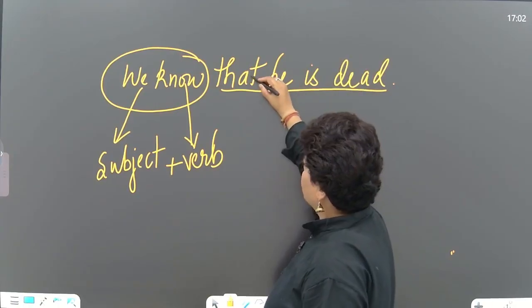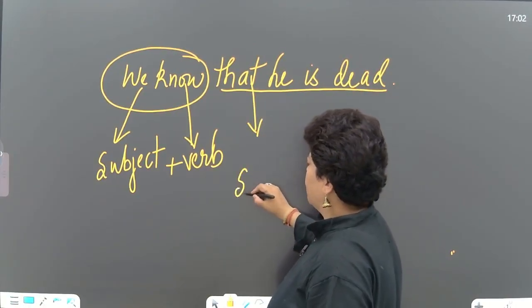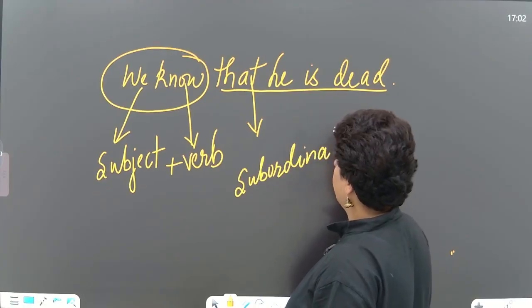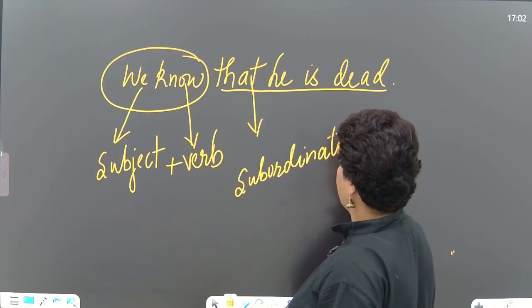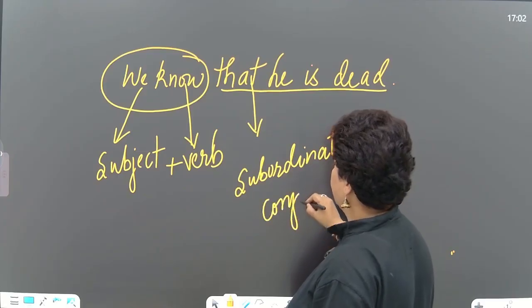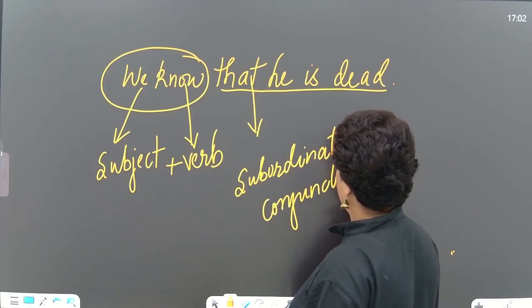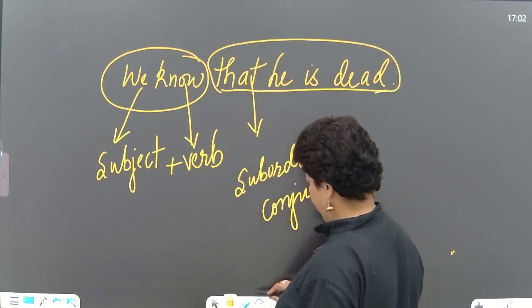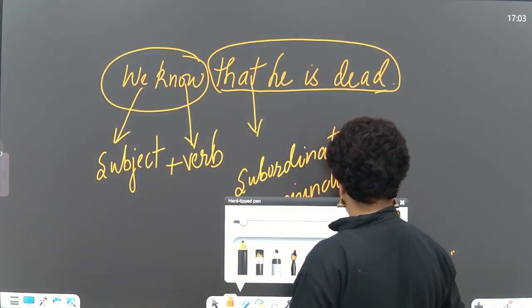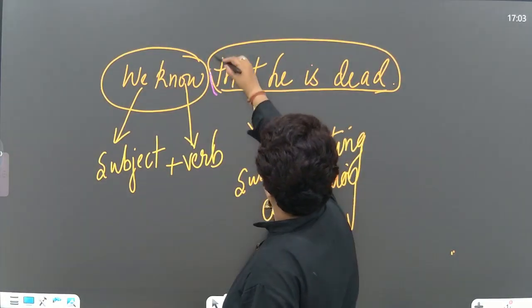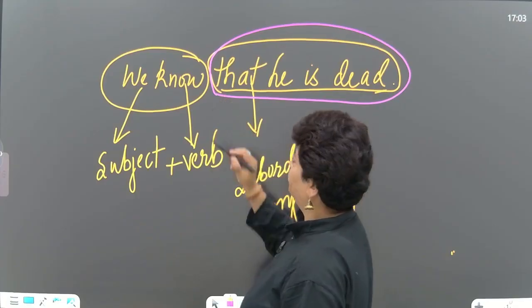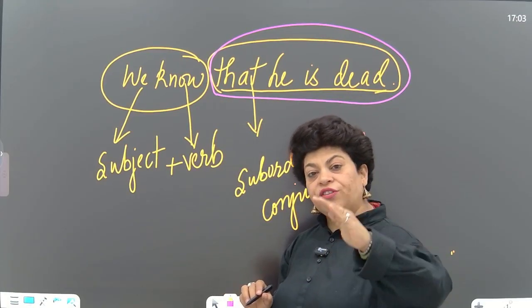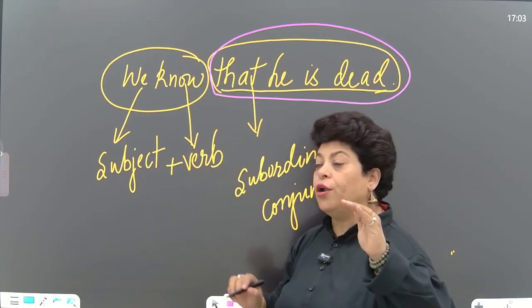Now coming to the other part, "that he is dead." What is "that"? That is a subordinating conjunction. Now what is a subordinating conjunction? A conjunction which makes us realize that one sentence is dependent on the other. For example, this part, "he is dead," is a sentence which is dependent on the verb.